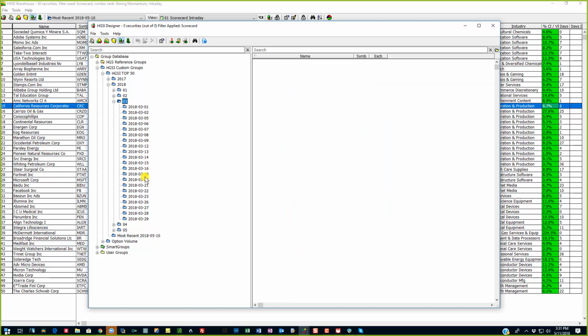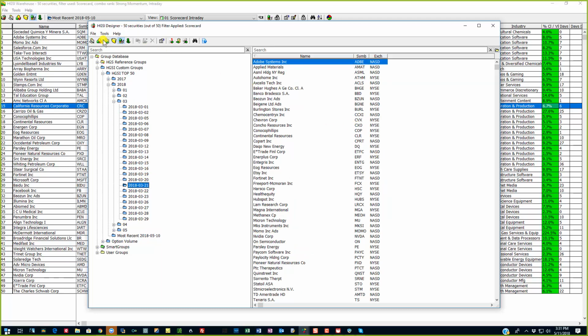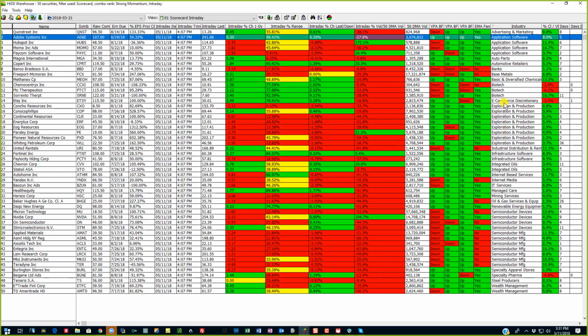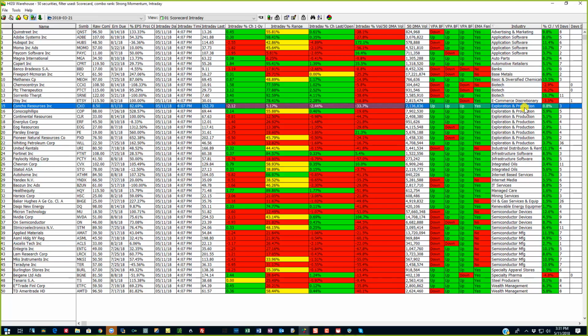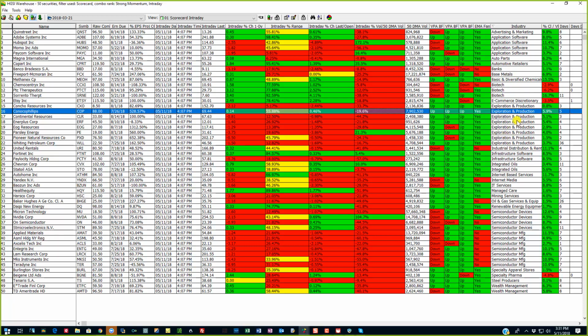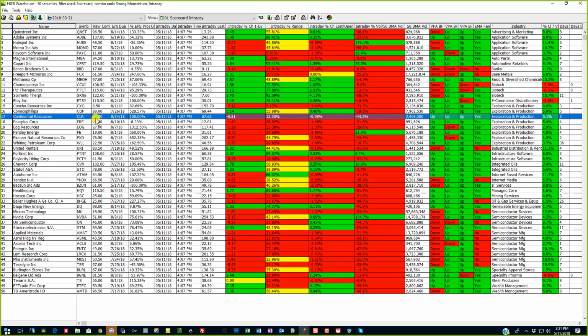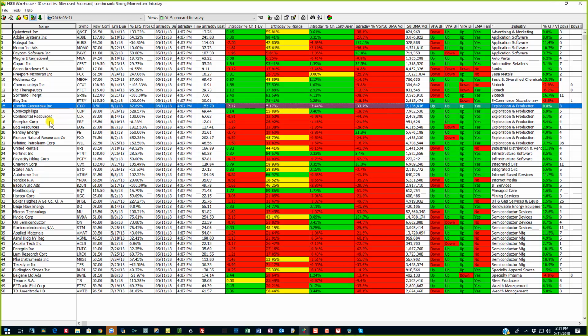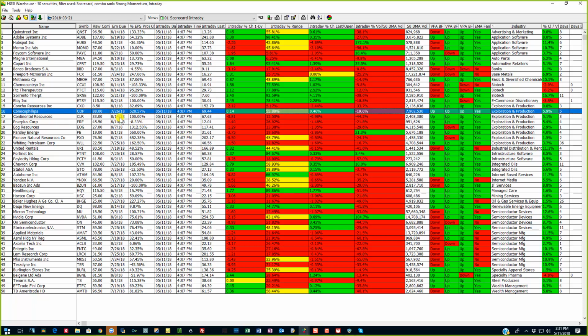This is March, and this is 21st, and I'm going to click through to my view and notice that on that date, there were about 7 stocks. Continental Resources, Conocophillips, Contra Resources, and so on. I'm just going to pick Conocophillips.